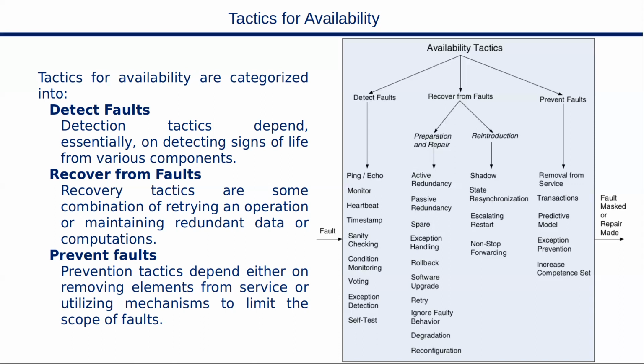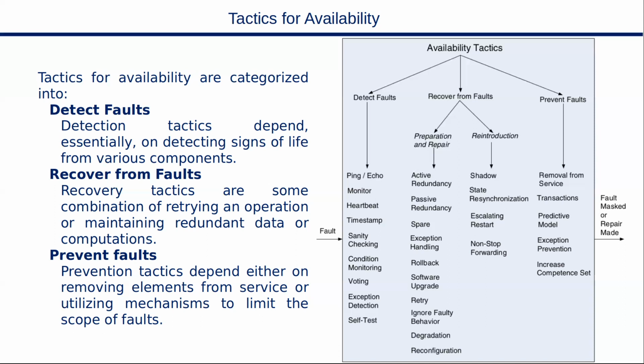Heartbeat. What is the heartbeat strategy? Heartbeat is a fault detection mechanism that employs a periodic message exchange between a system monitor and the process being monitored. To be short, a heartbeat is quite similar to ping echo, but the idea is that in ping echo, you initiate the request.